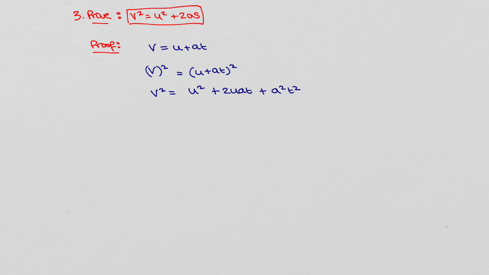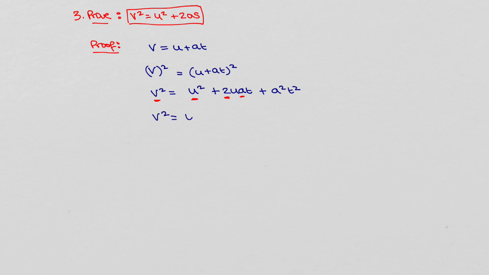Now if I compare that to what I'm trying to get, I can see I have the v squared and I have the u squared, and what I need is a 2as. So I'm going to factor out what's common. So I can see what's common here is an a, and I need a 2, so I'm going to take out the 2. So watch what happens when I take out the 2.